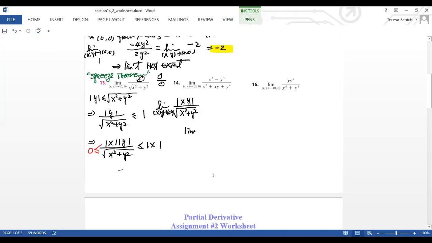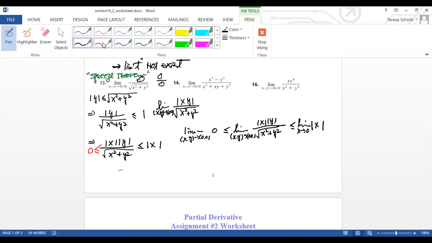So this will be: the limit as (x, y) approaches (0, 0) of 0 is less than or equal to the limit as (x, y) approaches (0, 0) of the absolute value of xy over x squared plus y squared, which is less than or equal to the limit as x approaches 0 of the absolute value of x, right? So I just take the limit on both sides.